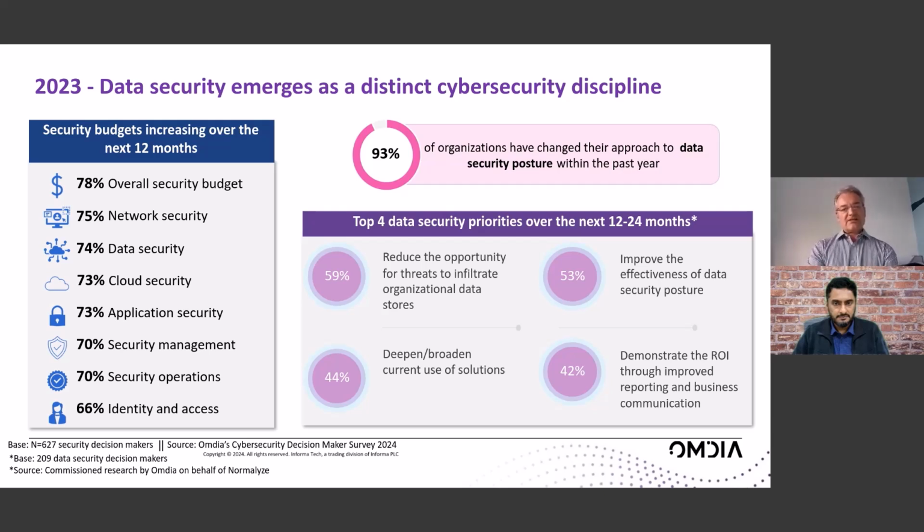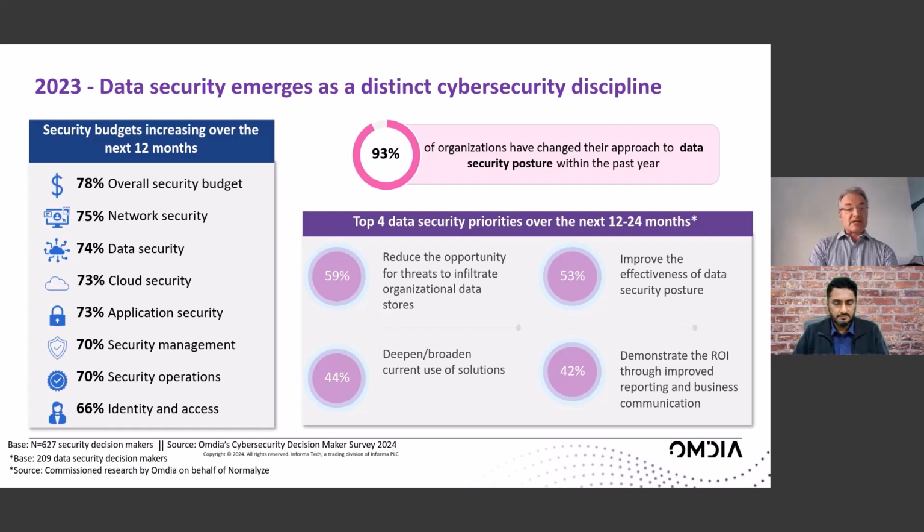But from the point of view of the data, the data is really what the malicious actors are interested in. So it makes a lot of sense to extract that from the cybersecurity soup, if you like, and focus down on it as a cybersecurity discipline.